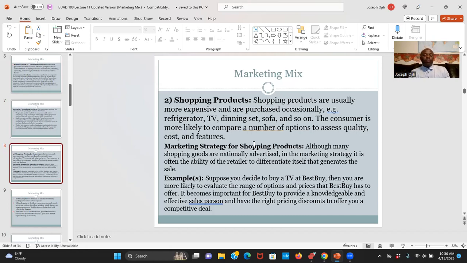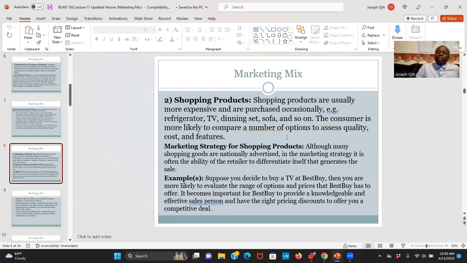Their prices are high, so consumers don't buy them as often as convenience products. Examples I mentioned already: TV set, refrigerator, and sofa.